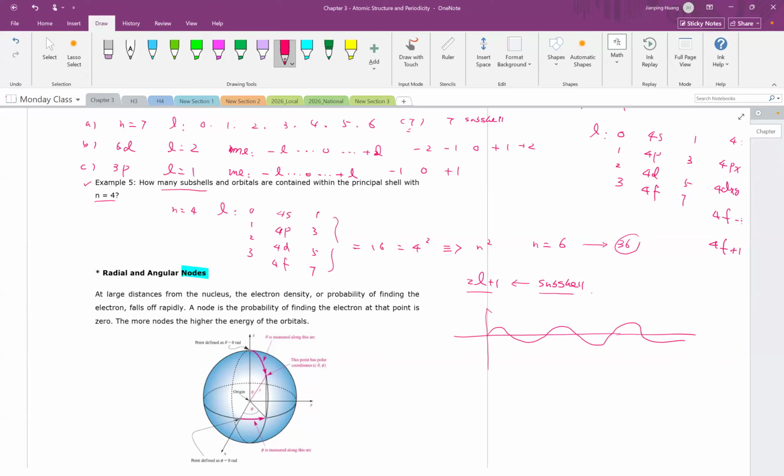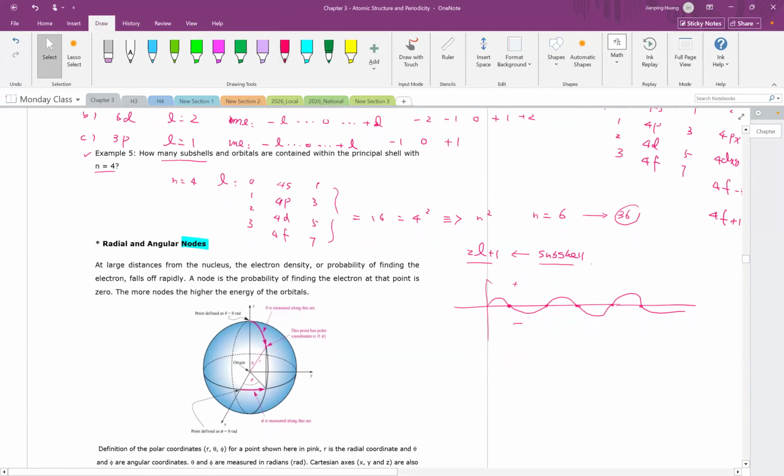Can you tell me how many nodes? So 1 is here, 1, 2, 3, 4, 5. You have 5 nodes. As you know from math, here is a plus, here is a minus, but between plus and minus, that line equals 0. The probability of finding the electron at that point equals 0. That's the node.